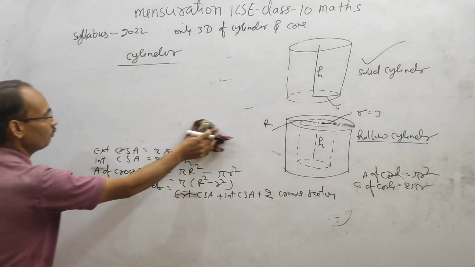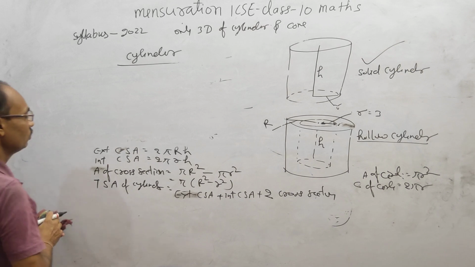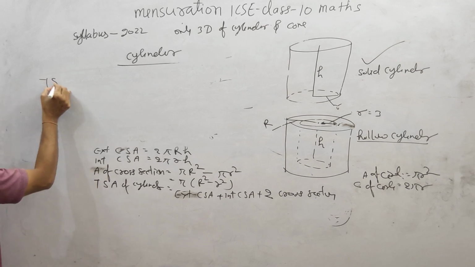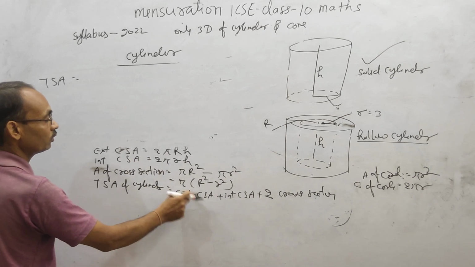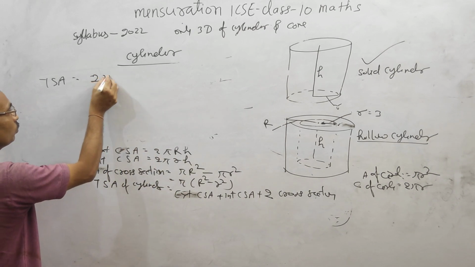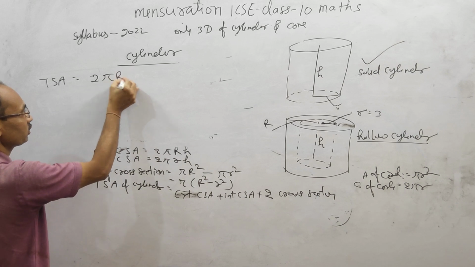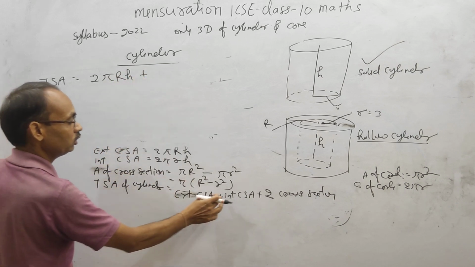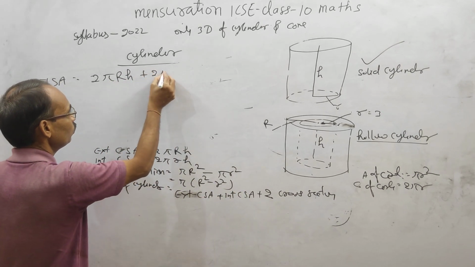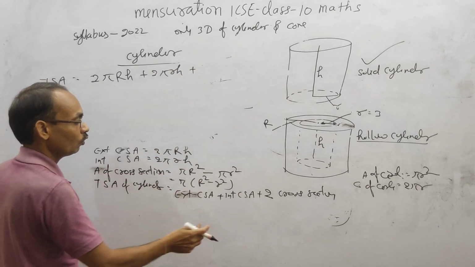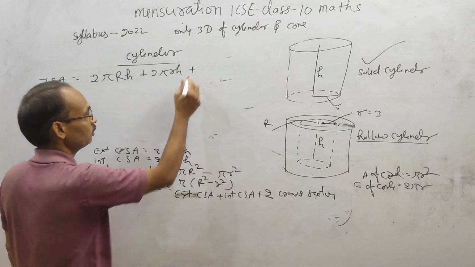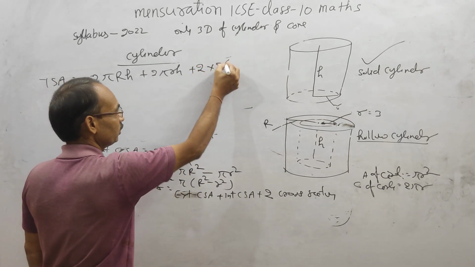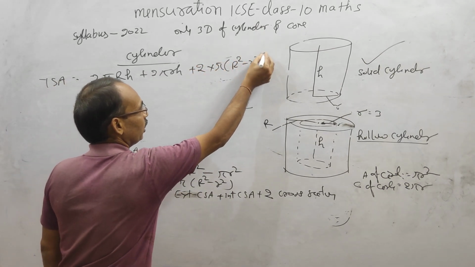So putting in the values, total surface area: what is the external curved surface? 2 pi R h. What is the internal curved surface? 2 pi r h. What are the two cross sections? Pi times R square minus r square each, so 2 pi times R square minus r square.